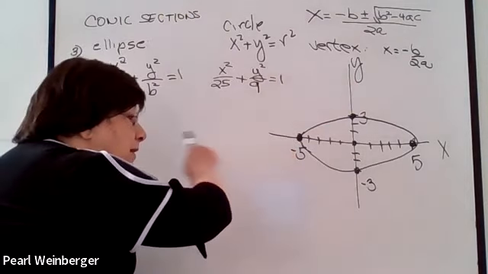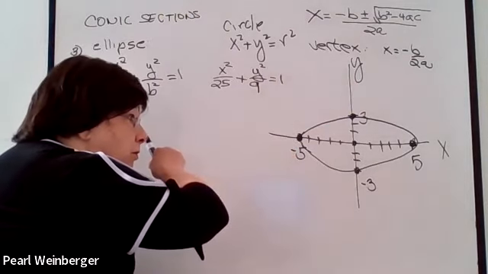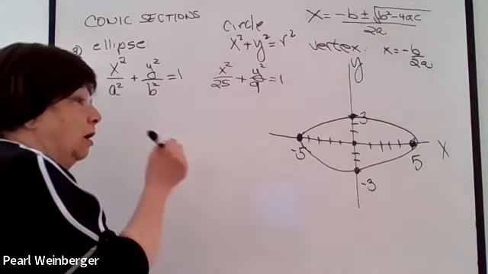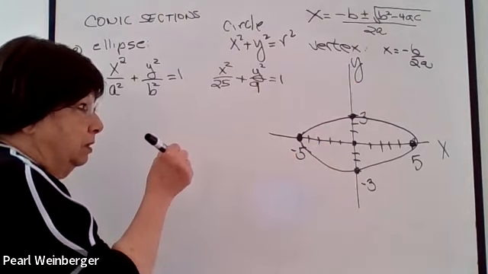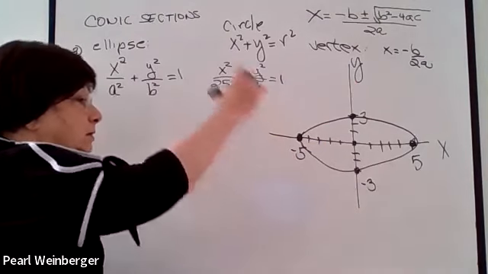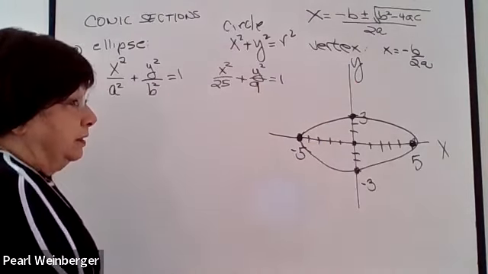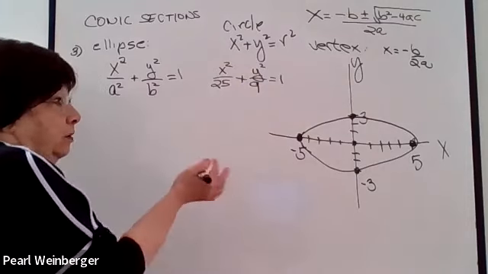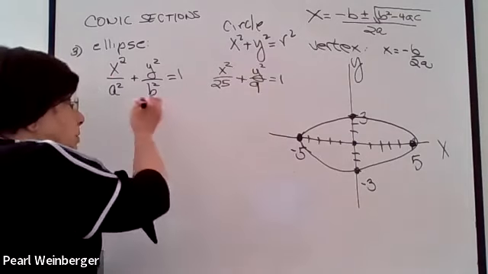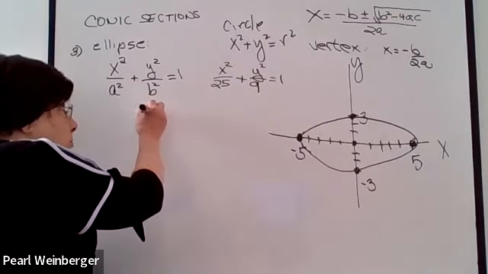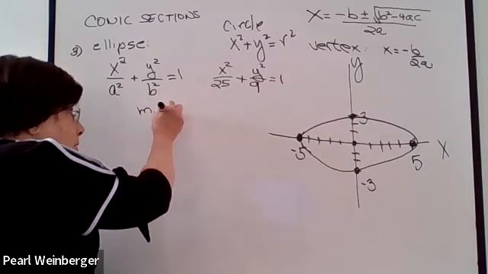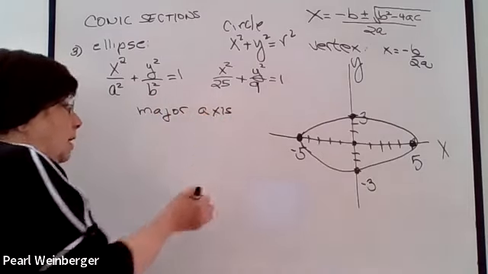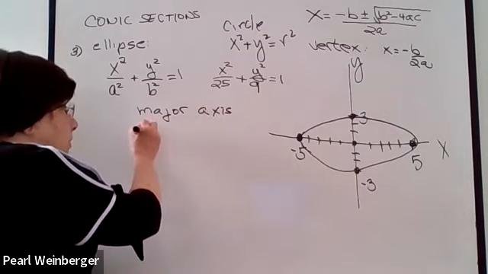These are called the axes of the ellipse, the lines that split it. The longer one, and you have to look at it, is called the major axis. And the shorter one is called the minor axis.